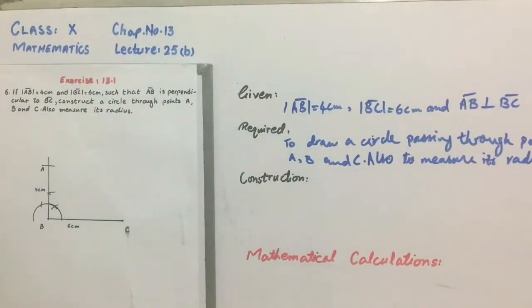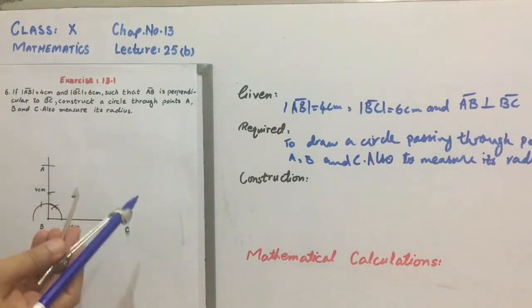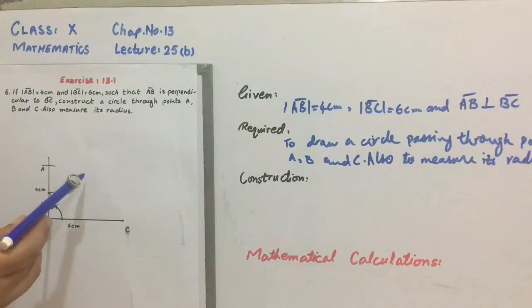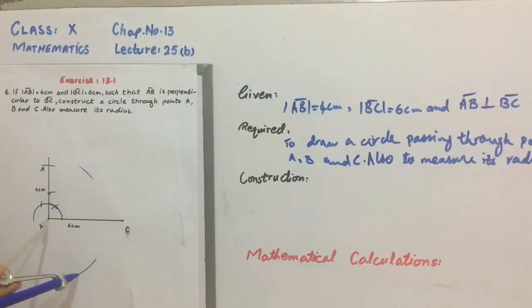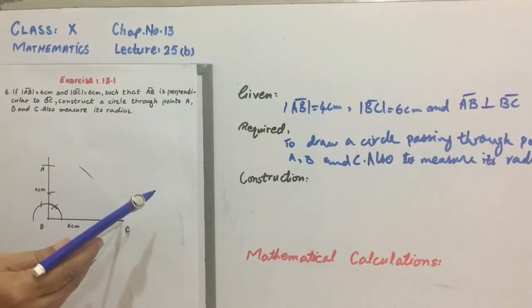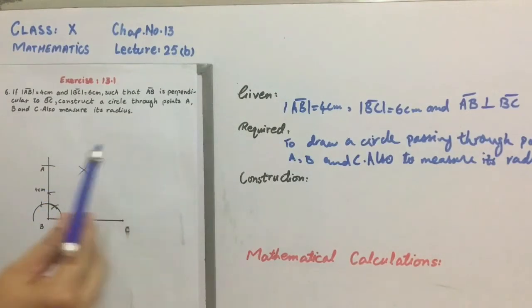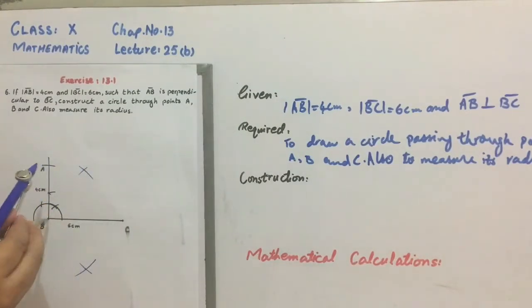Let's start our work. First of all, we will bisect AB and BC to find out the center of the circle. Bisector of BC and then bisector of AB.